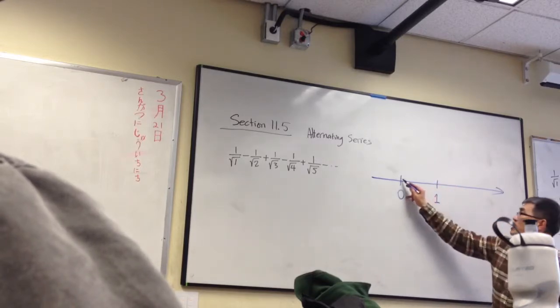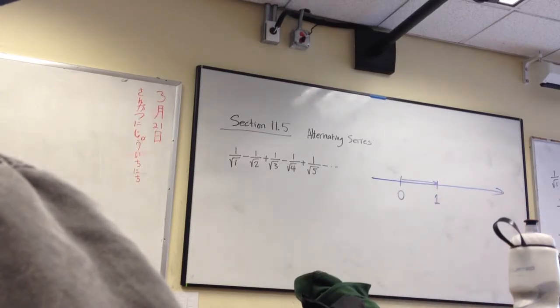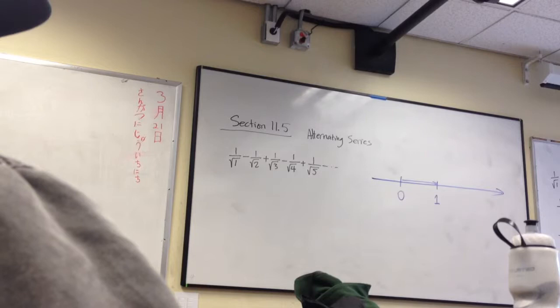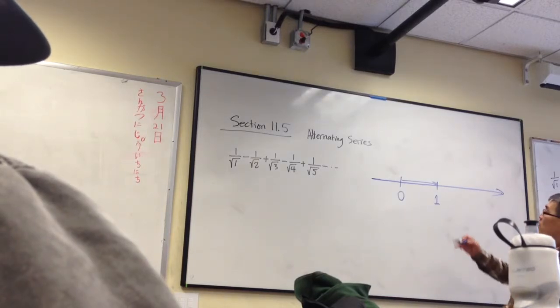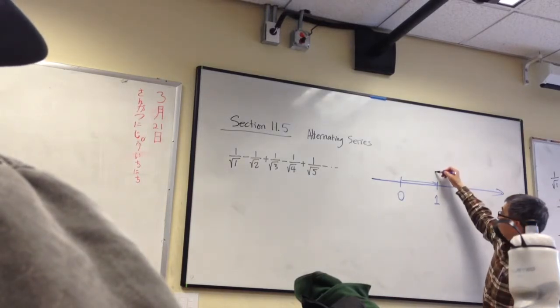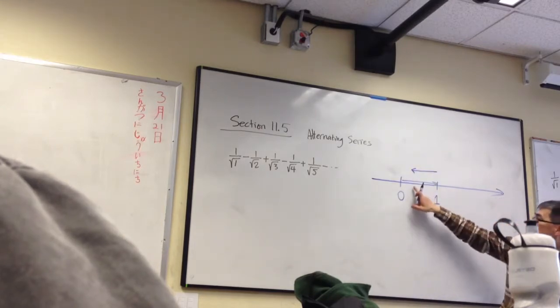So you think of this as this. Start from nothing, throw in the first term, then you go to the right. Now I'm at 1. What's the next move? You throw in a negative term, so you go to the left. So now you're somewhere between 0 and 1.